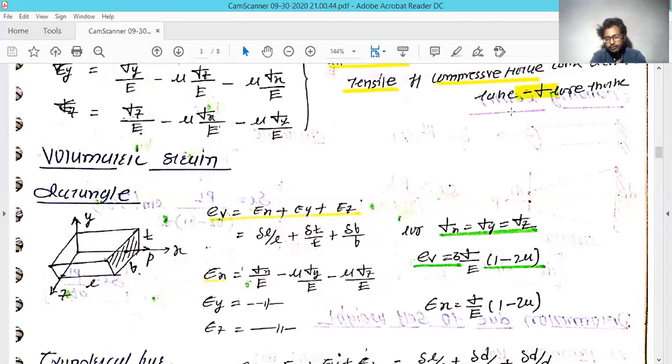If you put this kind of deformation in the strain formula, which is nothing but psi equal to psi x, the strain in x direction, plus strain in y direction, plus strain in z direction.